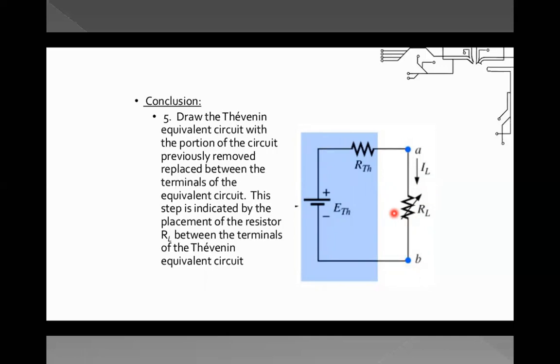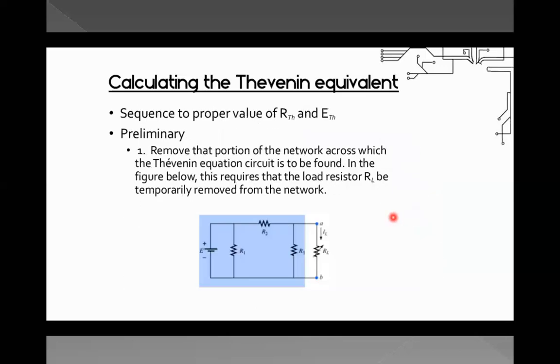So now we need to find the current passing through this particular load resistance RL. This is the circuit, and the current through this load resistance we have labeled IL.